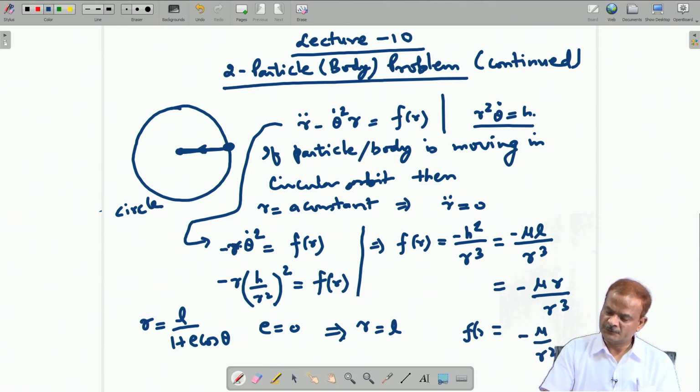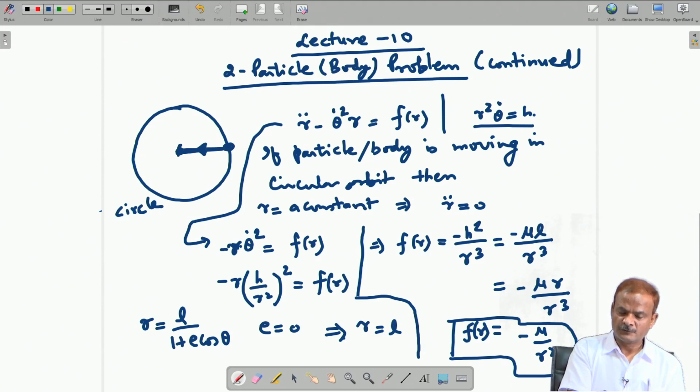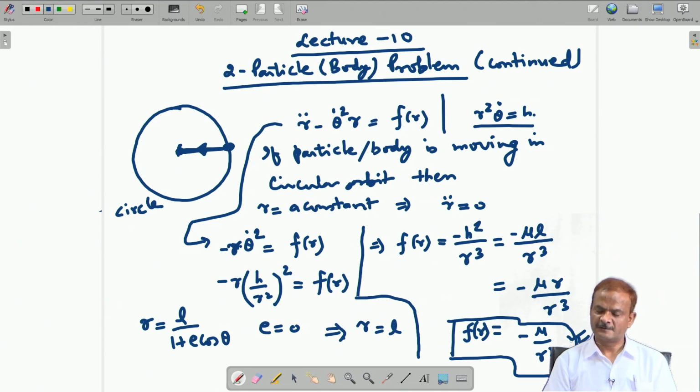This gets reduced to your usual inverse square law. That means if a particle is moving in a circle and this force is toward the center, then it is bound to be the inverse square law.